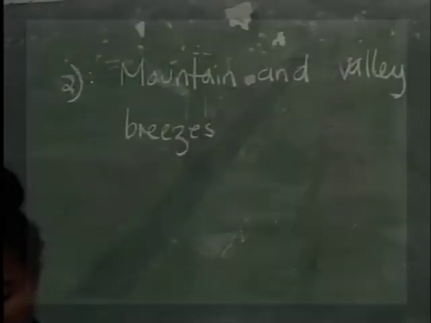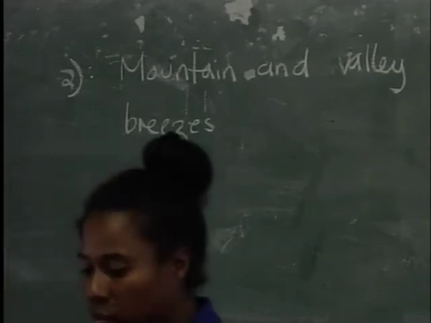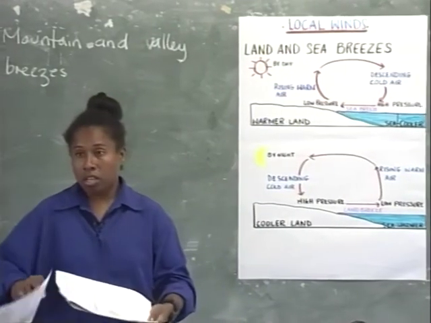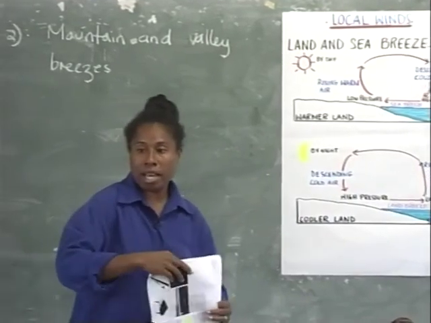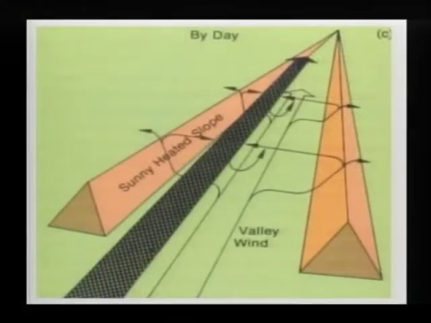Note also that when we're looking at mountain and valley breeze, the main reason for why the high pressure or low pressure areas develop within that small scale is mainly to do with the temperature. During the day, the slopes of the mountains get heated up quickly. Upon heating, it will give rise then to a low pressure area being created.